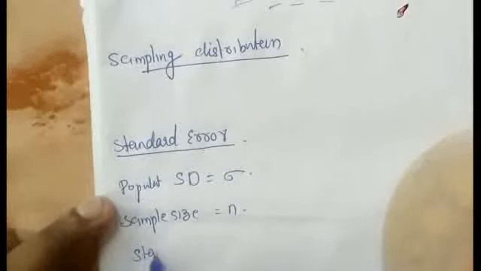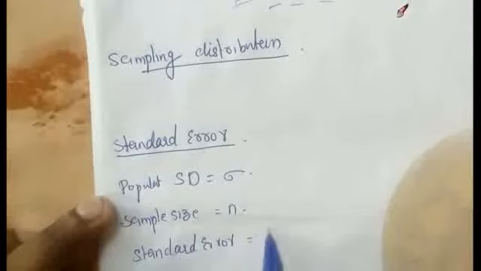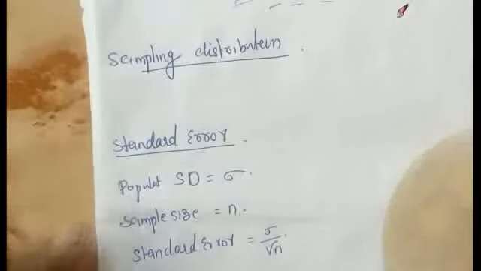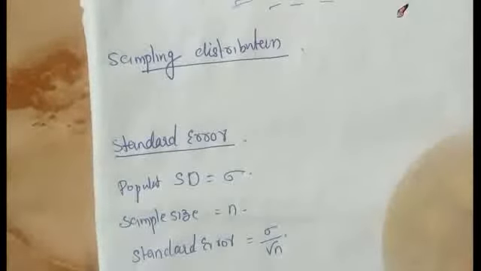Then the standard error equals sigma by root n. The standard deviation of the sampling distribution is called the standard error, calculated by the formula sigma by root n.